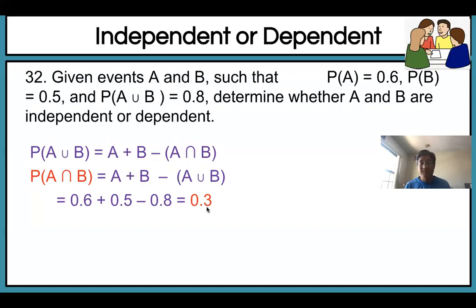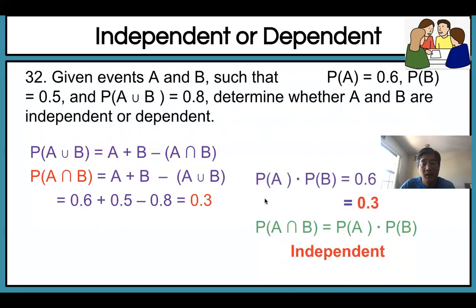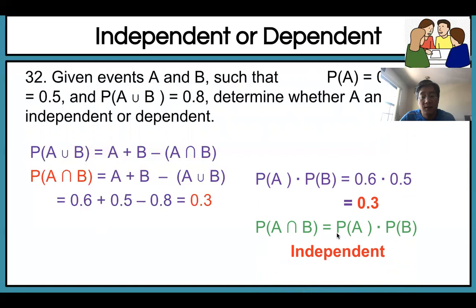Are we done? No, now we need to determine that A and B are independent. Do you remember the formula? Now you have P(A intersection B), you have P(A), you have P(B). Then you set up the equation: P(A intersection B) is equal to P(A) times P(B).